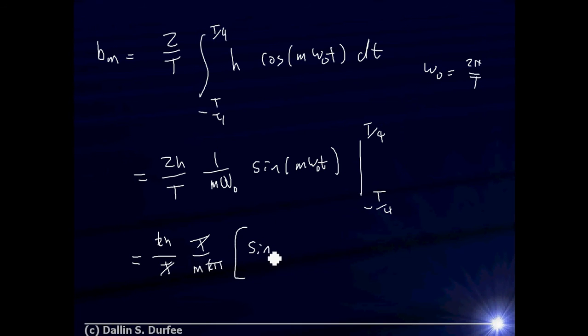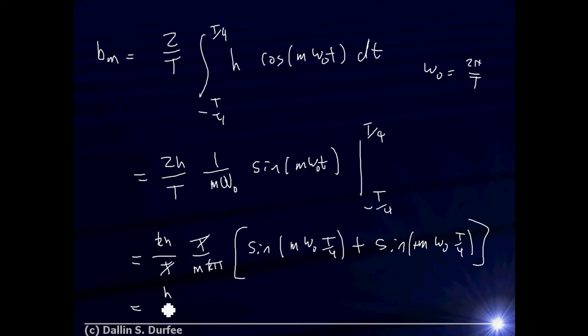I've got sine of m omega naught T over 4, minus sine of m omega naught negative T over 4. Remember, sine's an odd function, so I can bring this minus sign out and cancel that one. And then I'm just left with h over m pi here.